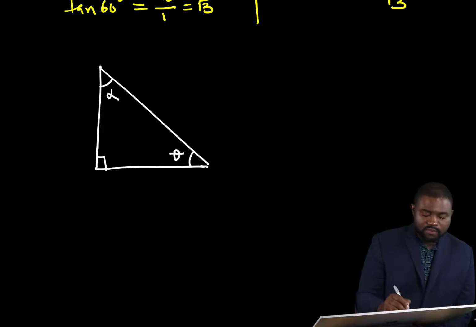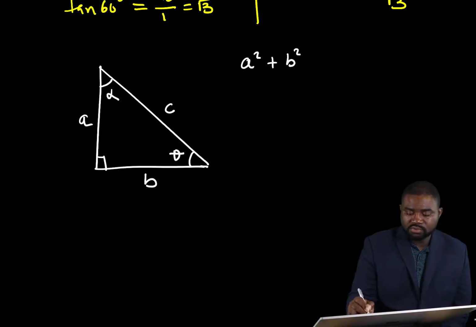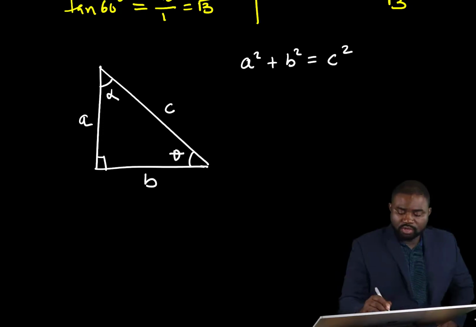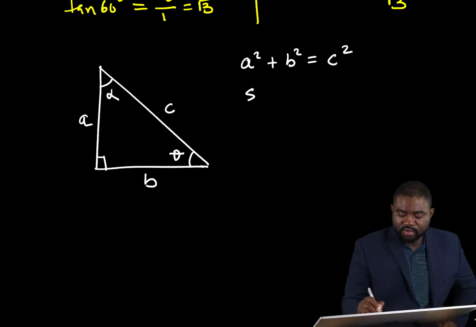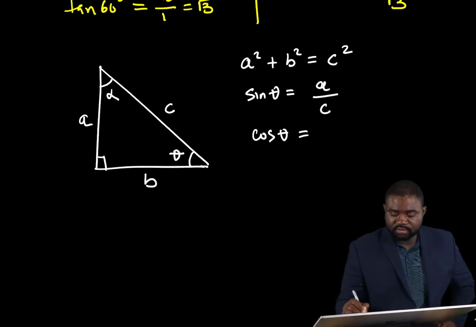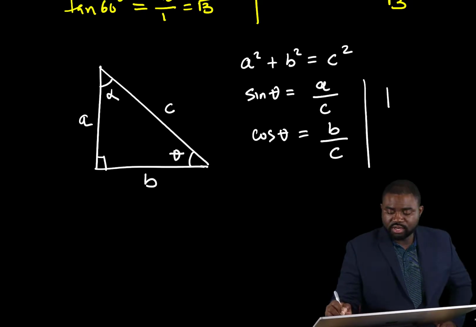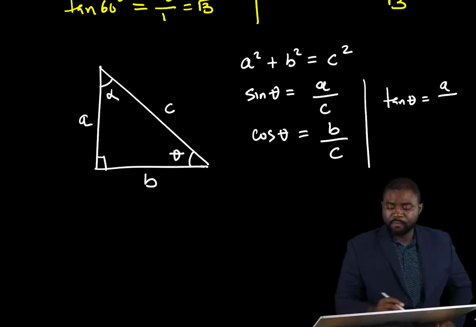This side here is C, this is A, this is B. Obviously, A squared plus B squared is equal to C squared. We know that sine theta is opposite, which is A, divided by the hypotenuse, which is C. Cosine theta is adjacent, which is B, divided by the hypotenuse, which is C. And the tangent of theta is opposite, which is A, divided by the adjacent, which is B.